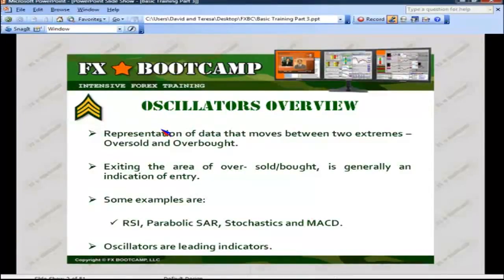Many amateur traders have 17 levels of oscillators on their charts: CCI, RSI, MACD, stochastics, and you name them. A lot of the time they're getting crosses all at the same time on all of the oscillators.